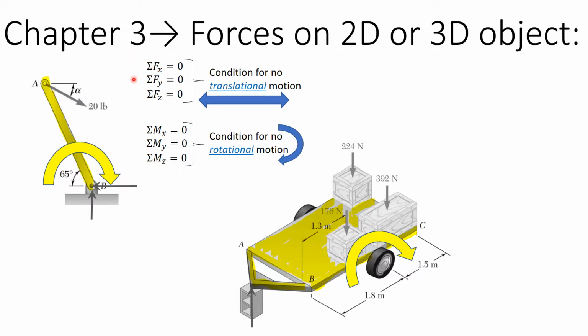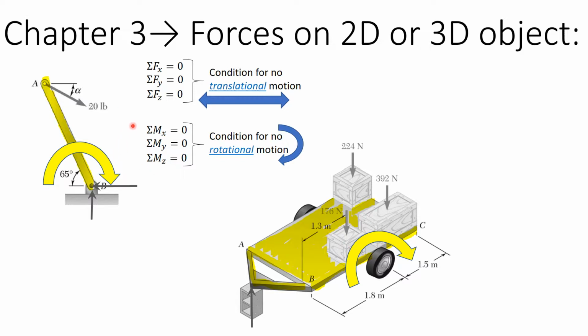So we have Fx, Fy, Fz. If those add to 0, it's not going to have translational motion. And the new piece for Chapter 3 is moments. We're going to be adding the moments together to 0 for no rotational motion. Moments are also a vector, just like forces are a vector.